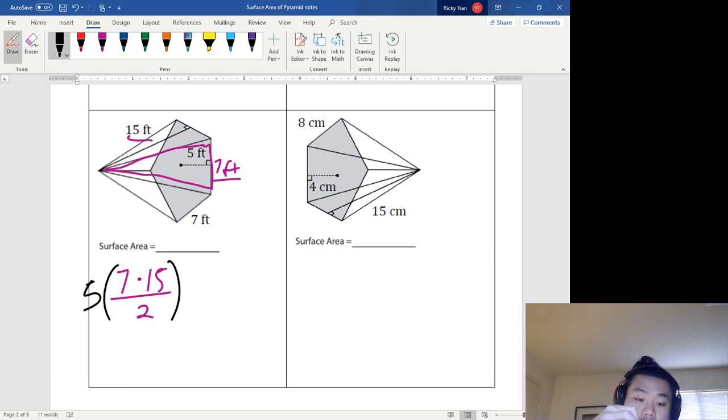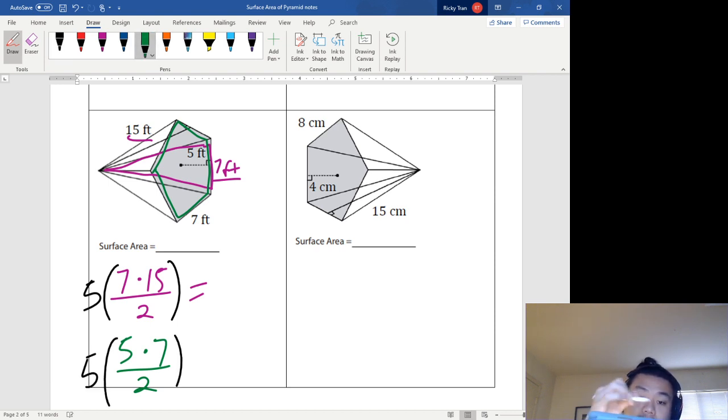And then the pentagon itself is going to be 1/2 times the apothem, which is 5, times the base, which is 7, and then you're going to divide that by 2, and multiply that by, again, the number of sides, so 5. Okay? All right, so we're going to do the first one.